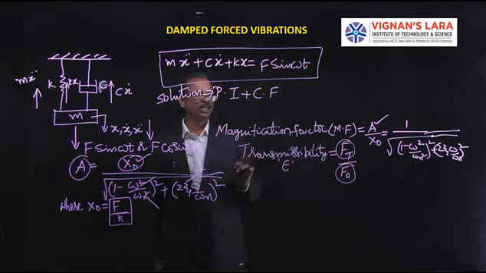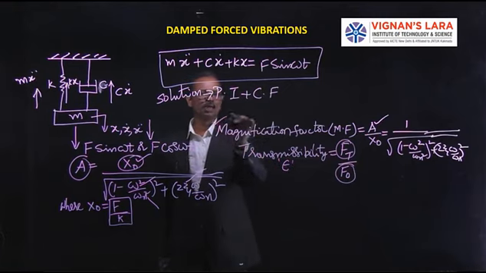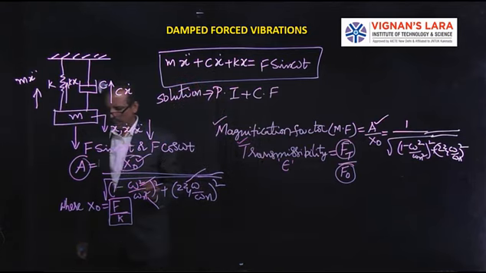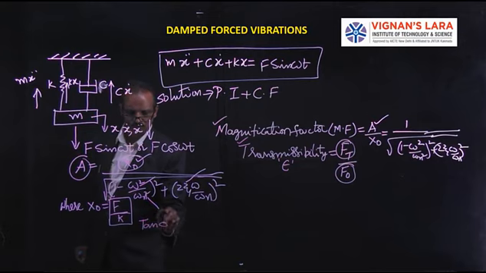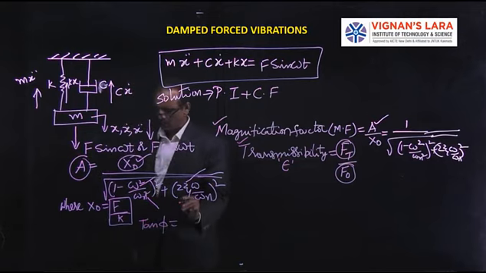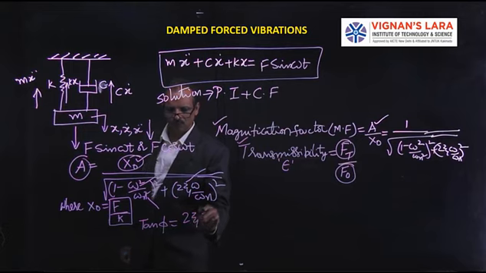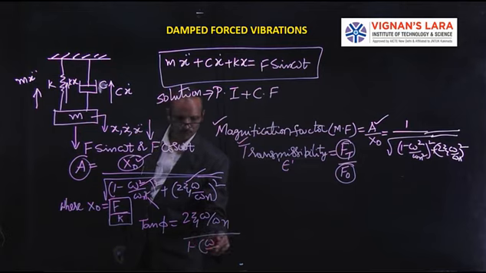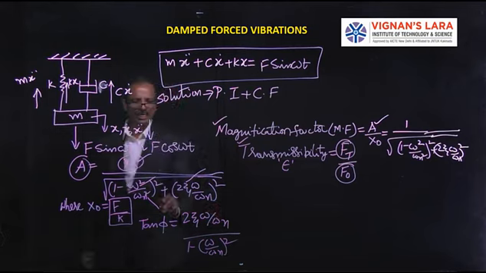Then the phase angle is tan phi equal to 2 zeta omega by omega n divided by 1 minus omega by omega n square. This is the phase angle.